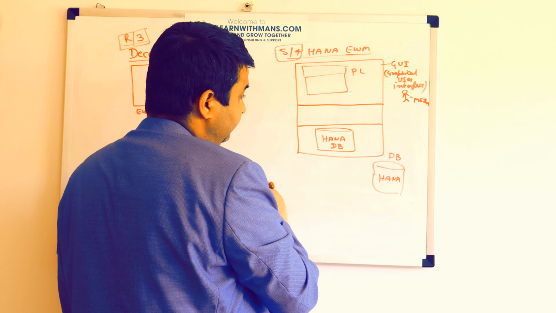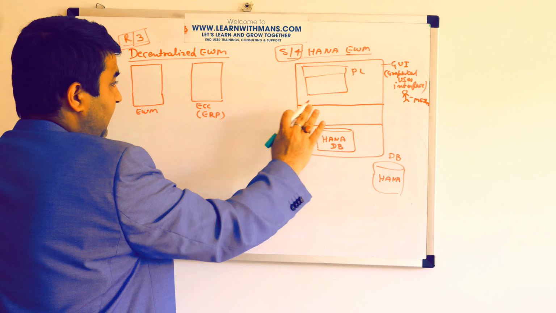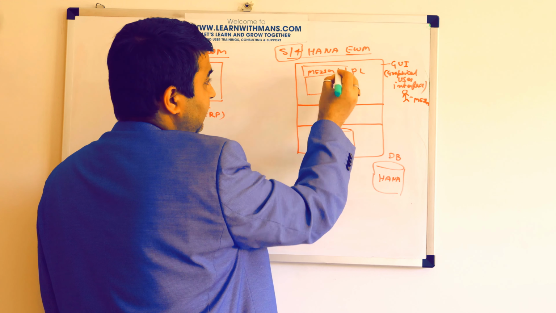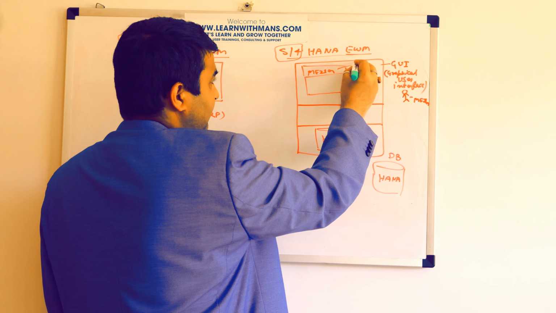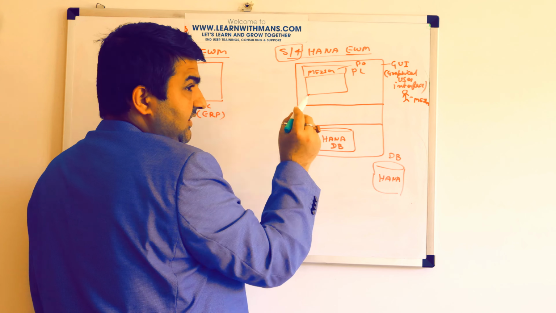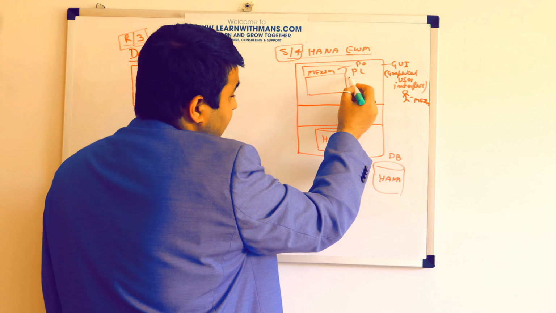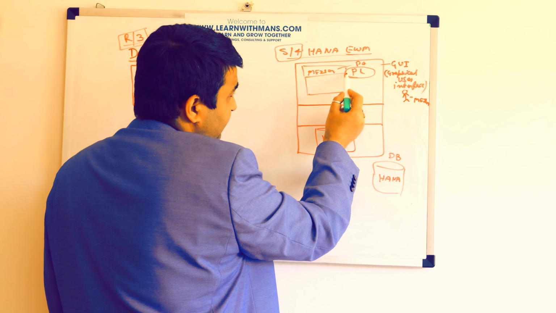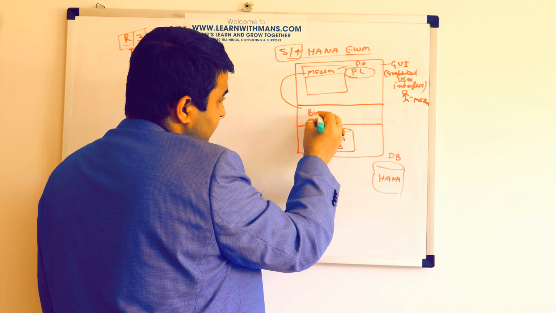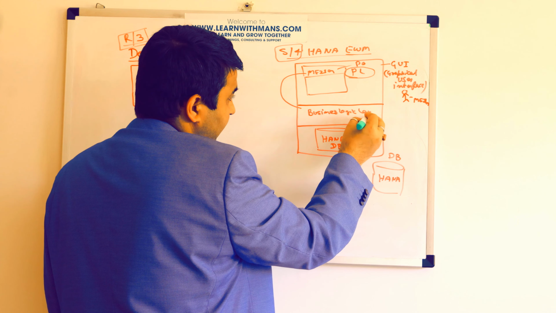Okay, let's come here. HANA database, and suppose here we are going to create a purchase order with ME21N, for example. Whenever we create the purchase order and press enter or save, the records immediately travel from the presentation layer to the business logic layer.